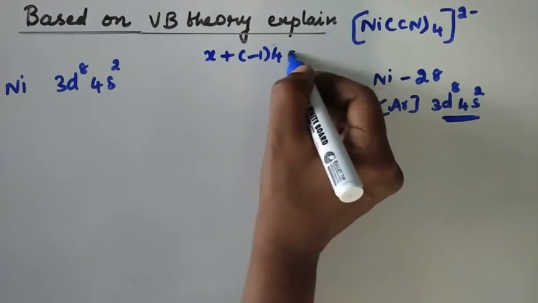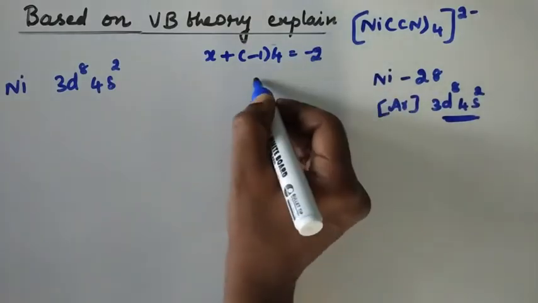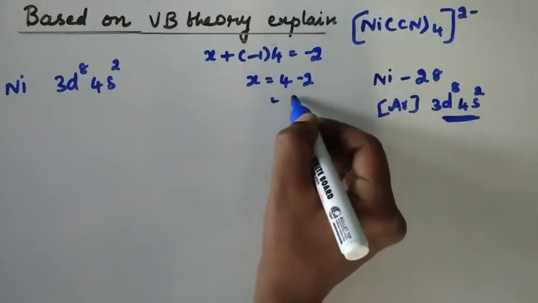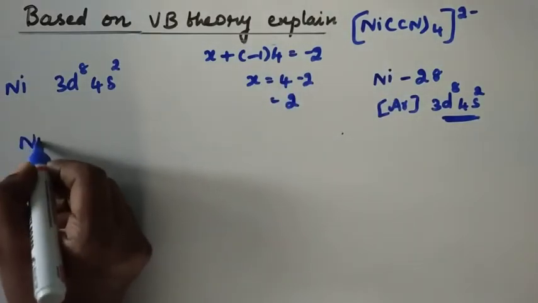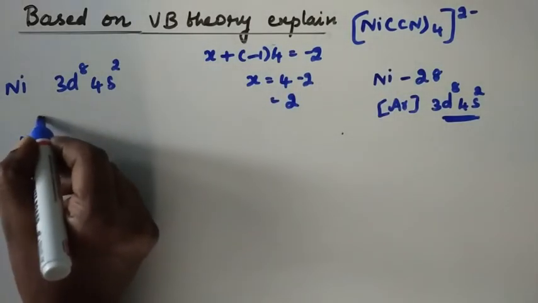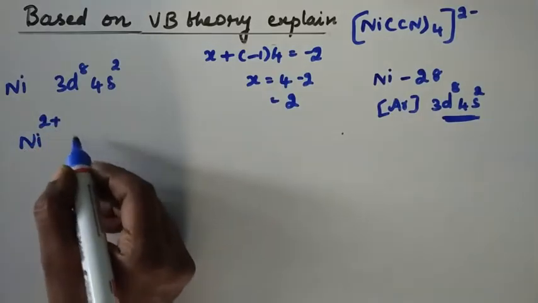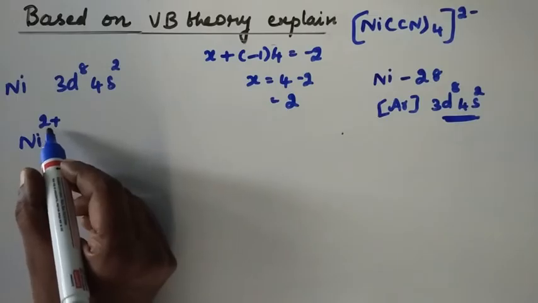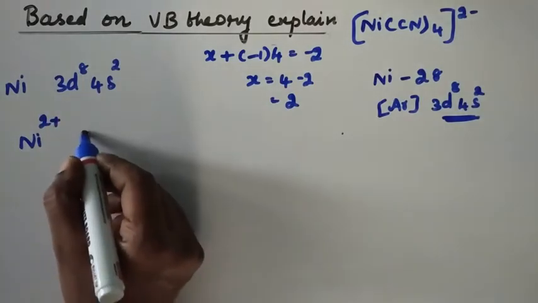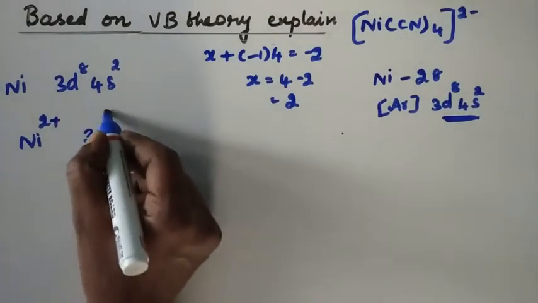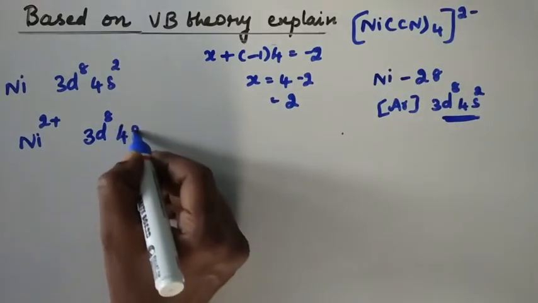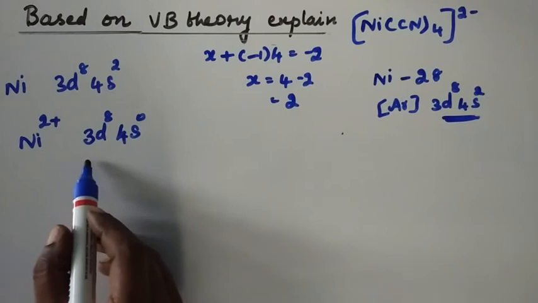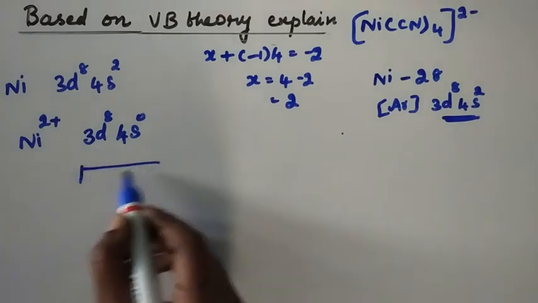So -1 into 4 is -4. So X minus 4 equals -2, so X equals 4 minus 2, that is 2. So nickel has the +2 oxidation state. It loses 2 electrons. Ni2+ loses 2 electrons. So it is 3d8 4s0. Ni is in the ground state. This is the excited state. Draw the orbital diagram.